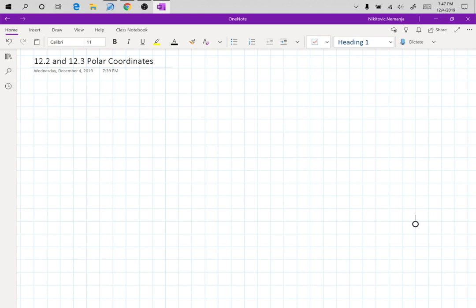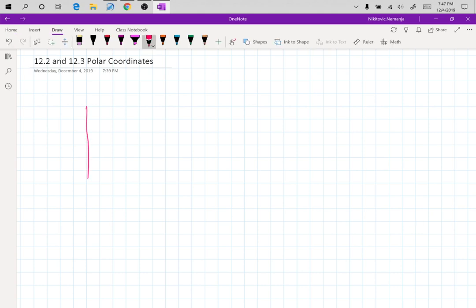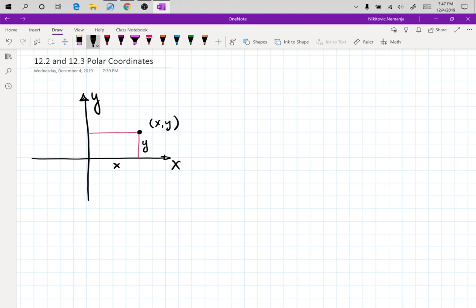So you are used to the XY rectangular coordinate system, and the reason why it's called rectangular is when you pick a point somewhere, x, y, that point creates a rectangle like this, and you can follow x units on the x-axis and then parallel to the y-axis y units to get to that point.